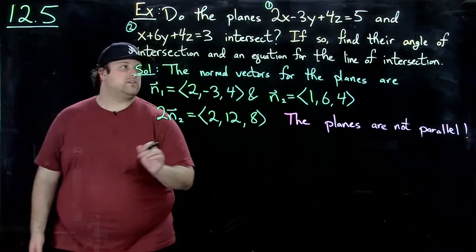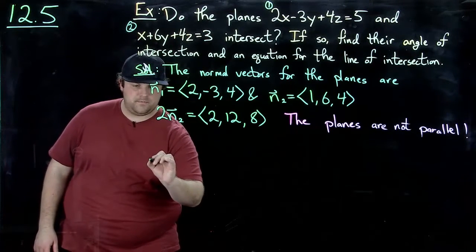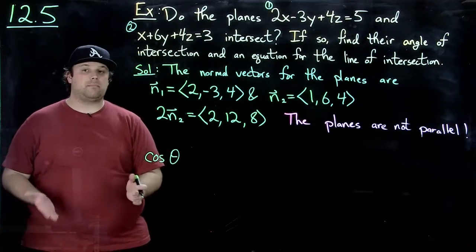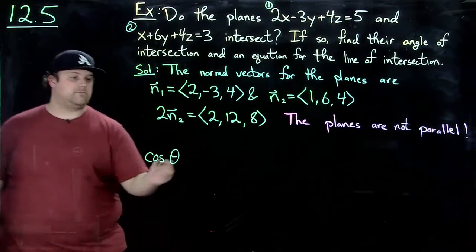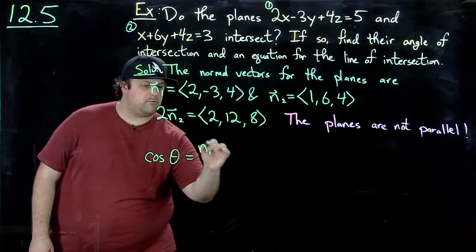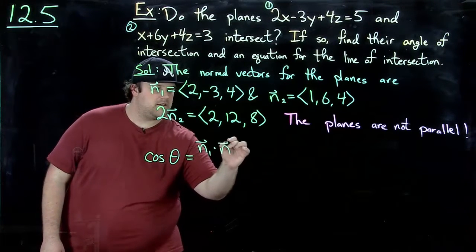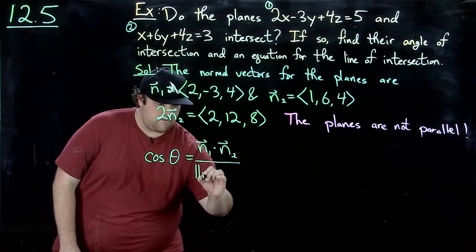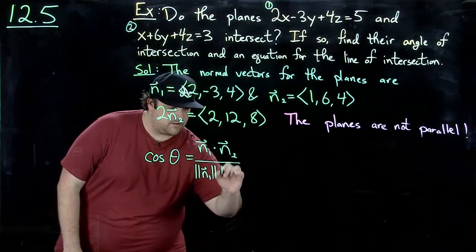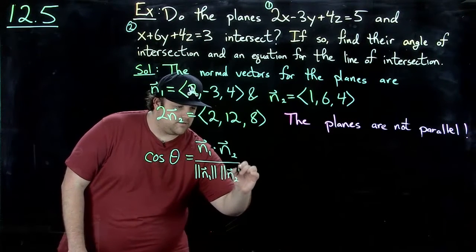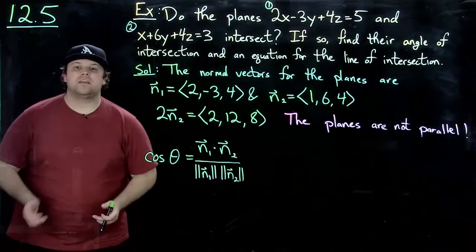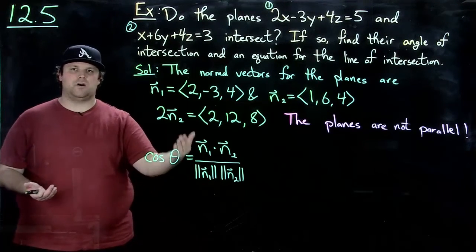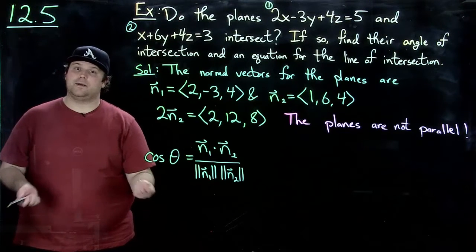So the cosine of the angle they intersect in, remember what we just did, is equal to n1 dot product n2 over the magnitude of n1 times the magnitude of n2. That's going to give us the cosine of the angle. And then once we have that, we can do arc cosine to both sides and actually find theta.